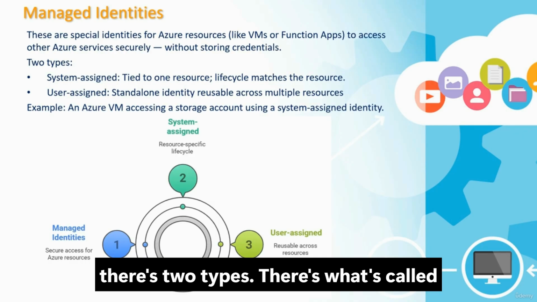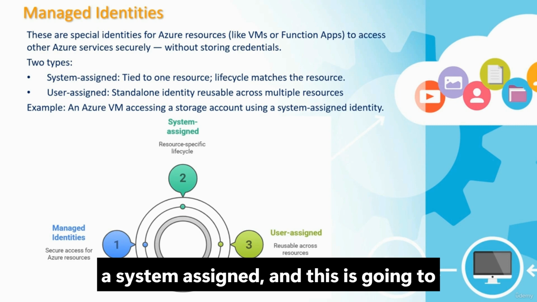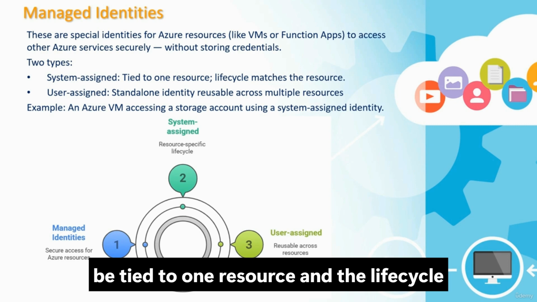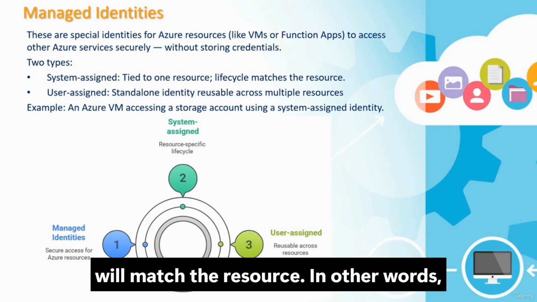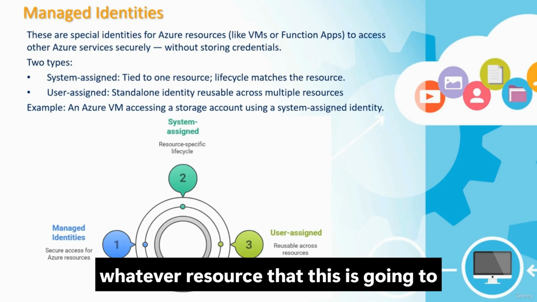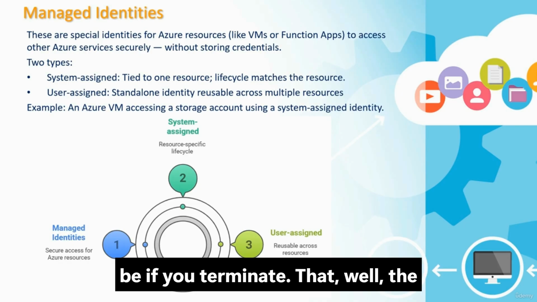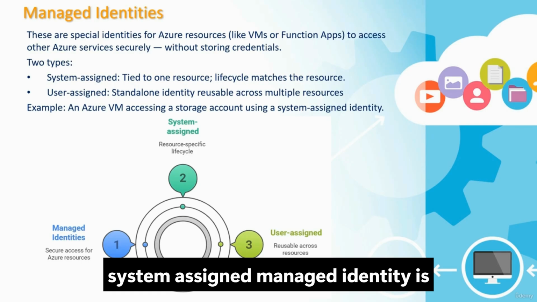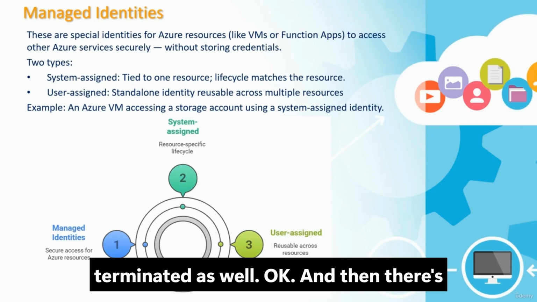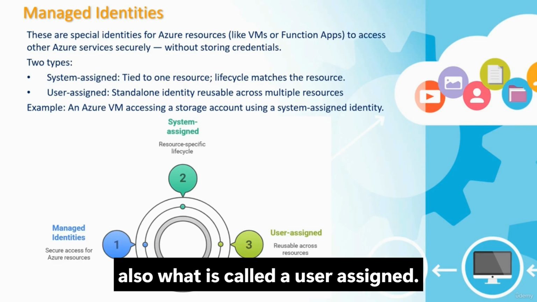Okay, there are two types. There's what's called a system assigned, and this is going to be tied to one resource, and the lifecycle will match the resource. In other words, whatever resource this is linked to, like a VM or whatever it may be, if you terminate that, well, the system assigned managed identity is terminated as well. Okay, and then there's also what is called a user assigned.